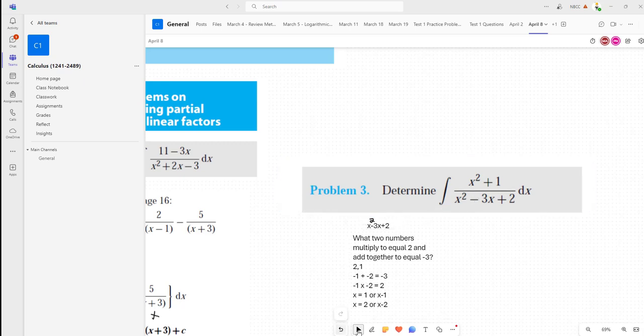So the bottom part of this, if we write it like this, is bracket x minus 1 times bracket x minus 2, getting a little off my page here. So that's the bottom. Now the next part of this is we have to figure out how to factorize the top. Okay, so we have this x squared plus 1. So I'm just going to rewrite this underneath here, and then I'll unpause and I'll walk through that piece.